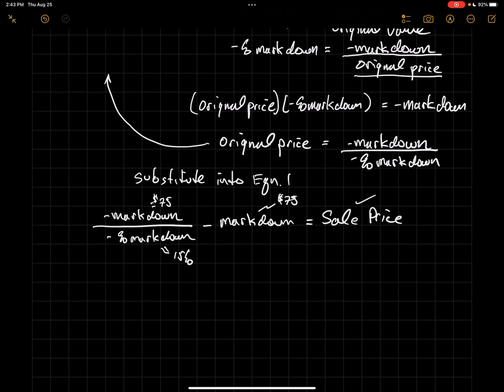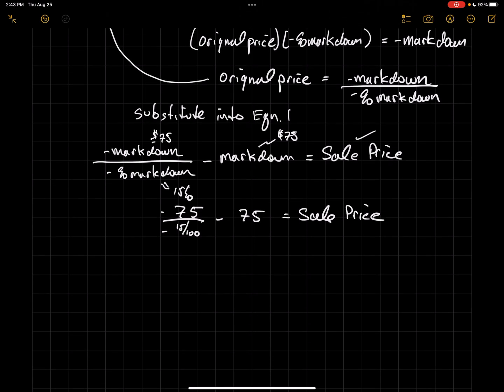So I get $75 divided by 15%, which is 15 over 100, right? Remember that I have to properly account for that percent symbol, minus $75. And that's all equal to the sale price.